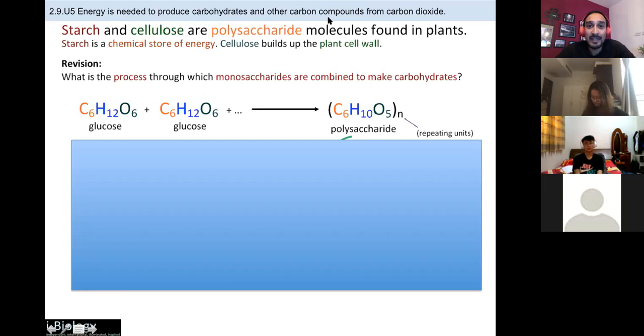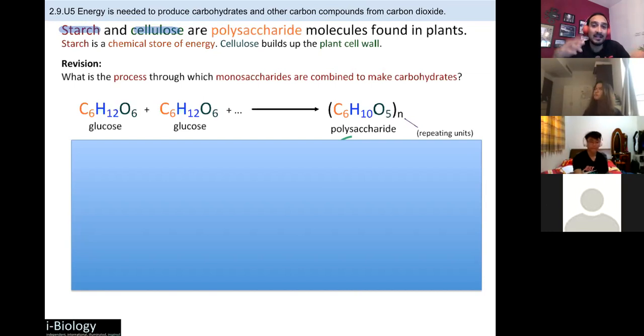The examples that a plant will make are starch and cellulose, right? What is the equivalent of starch in a human or an animal? How do we store our excess saccharides? Can we store glucose as glucose? Glycogen, right? We store extra glucose in the form of glycogen.